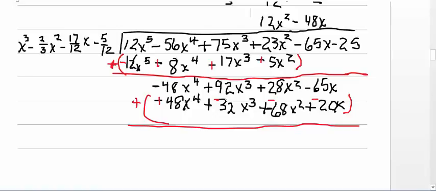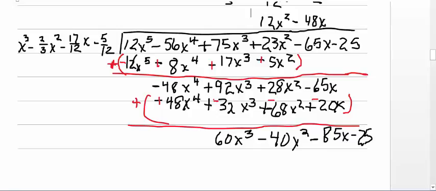And now I'm adding, and the first addition is 0, of course. 92 plus a negative 32 gives me a positive 60, and this is the coefficient of x cubed. 28x squared plus a negative 68x squared is negative 48x squared. Negative 65x minus 20x is minus 85x. I bring down the minus 25.